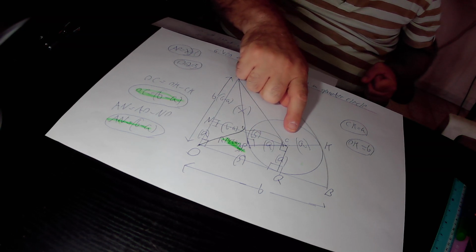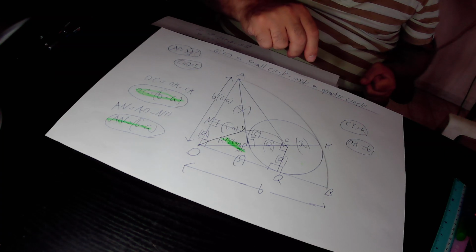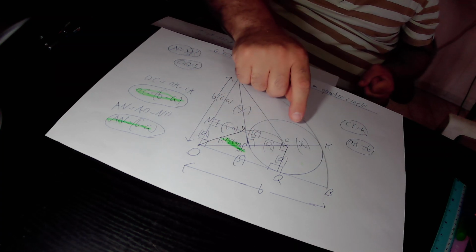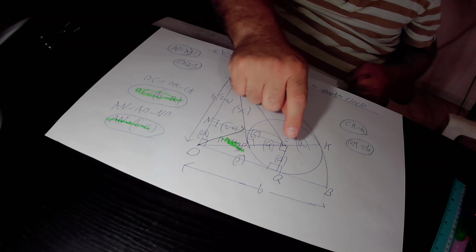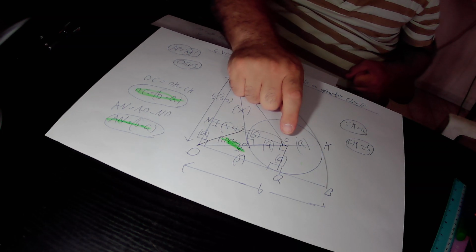This point is point C, and we define the radius of this small circle as A. So CQ is the radius of this small circle, that is equal to A according to our definition.